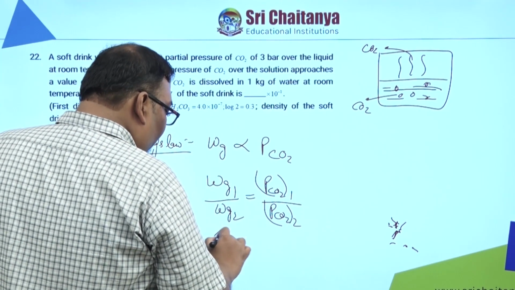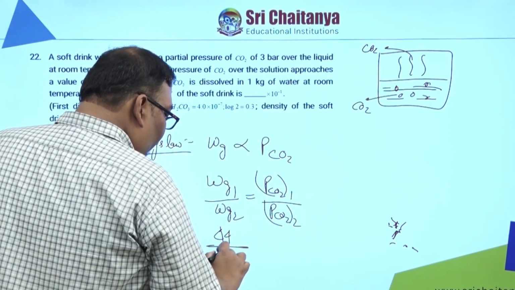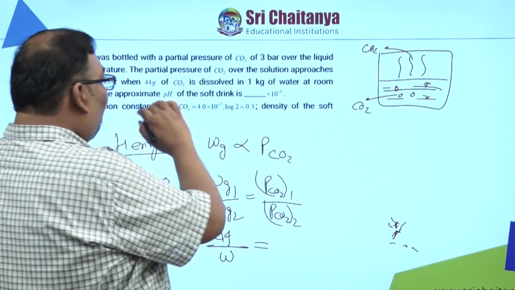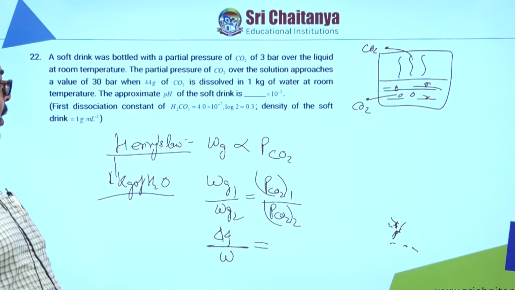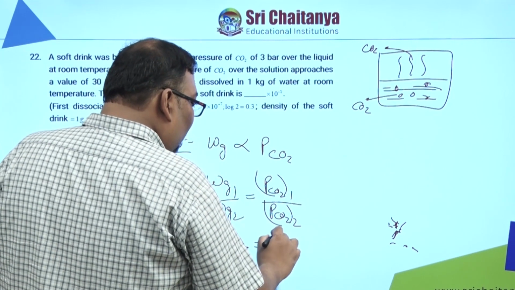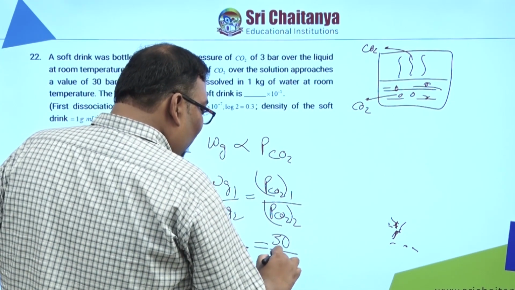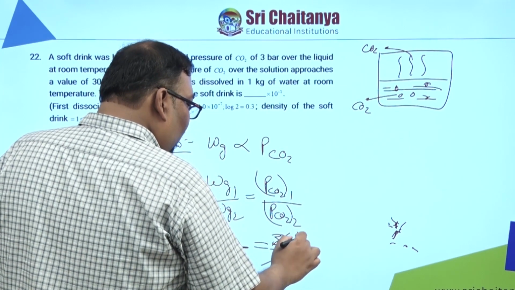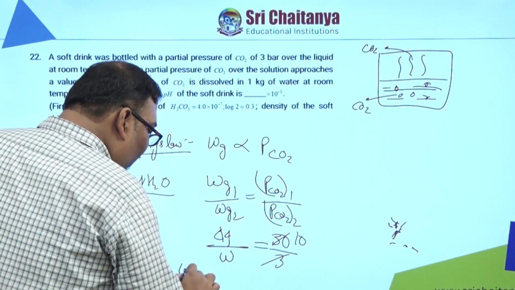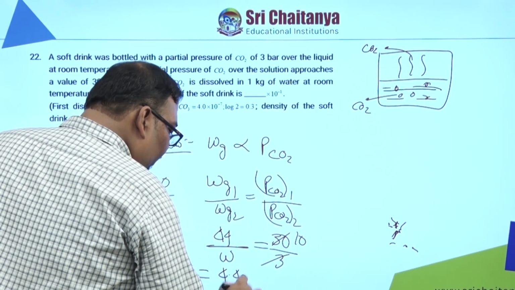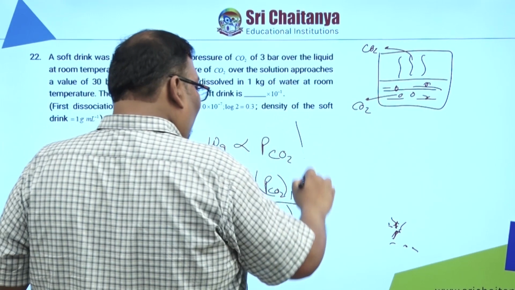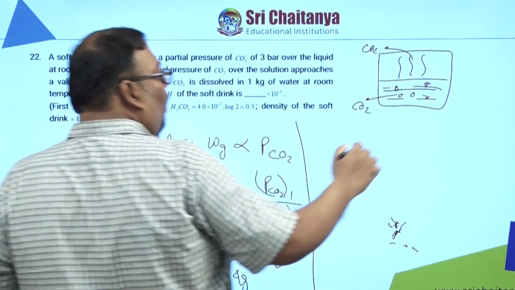So 44 by W, where in the second case you are dissolving W grams of CO2 in 1 kg of solvent. In the first case your pressure is 30 bar and in the second case it is 3 bar. So from this the value of W will come out to be 4.4 grams.